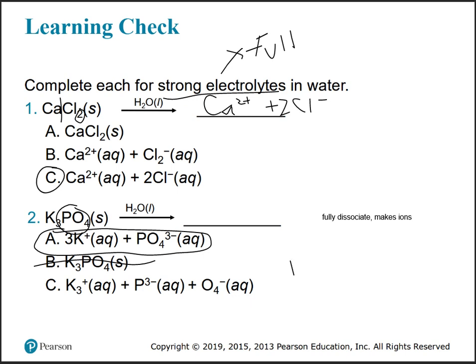So it has a -3 charge. That's why there are 3 potassiums along with it, because potassium is positively charged. So this is reaching back to chapter 6 when we were doing naming of ionic compounds and figuring out the charges on different ions. So if you need a refresher on that, go back to chapter 6. That's where this is from.